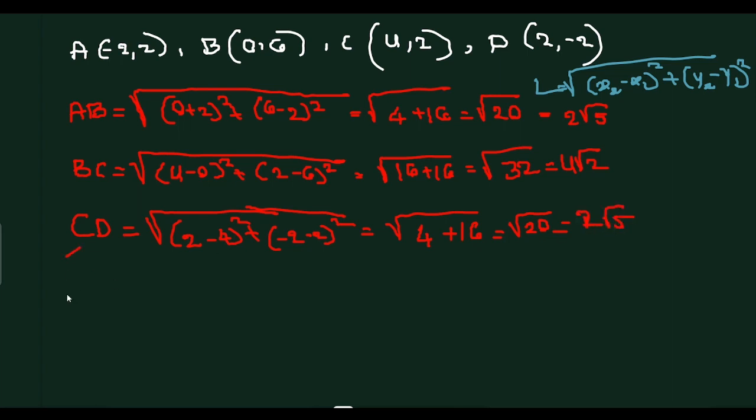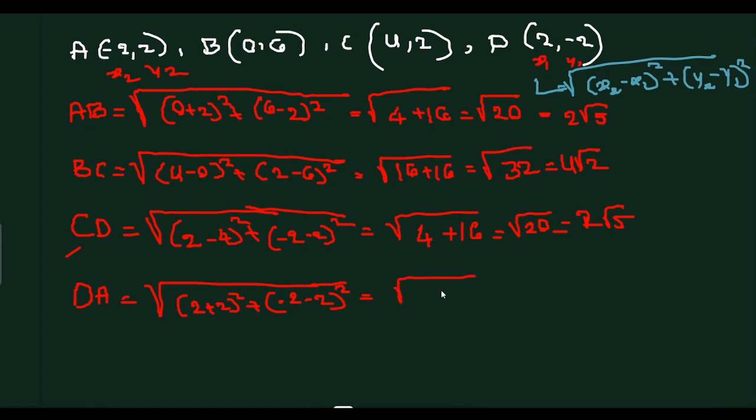Okay, now it is DA or AD. Let's take DA. Here this becomes x1 y1 and this becomes x2 y2. So here simply it is 2 plus 2 whole square and minus 2 minus 2, minus 4 whole square.